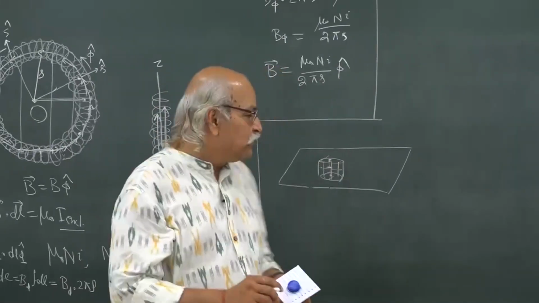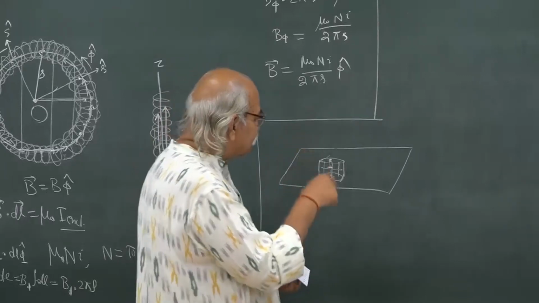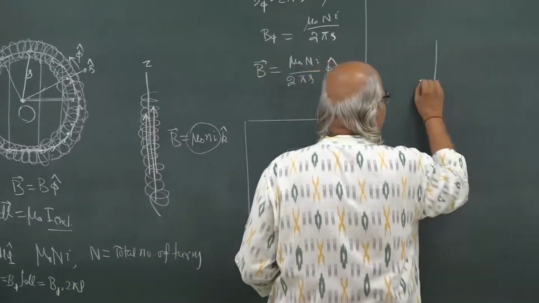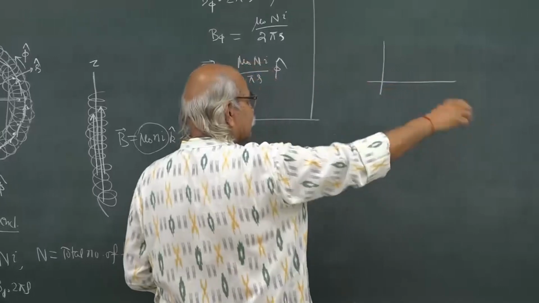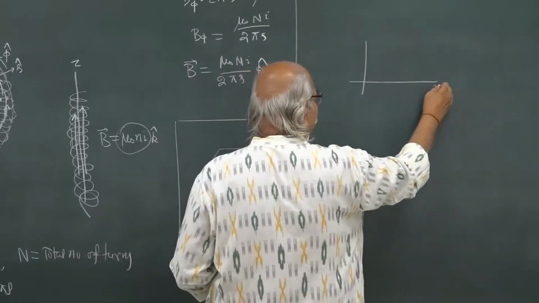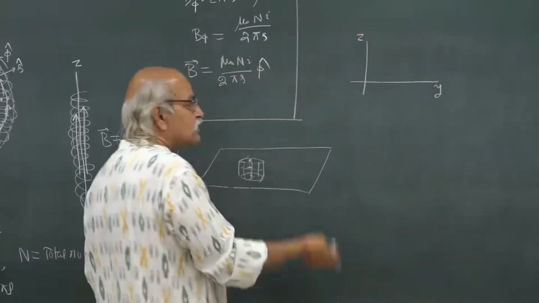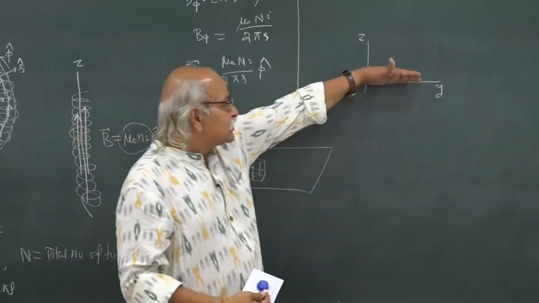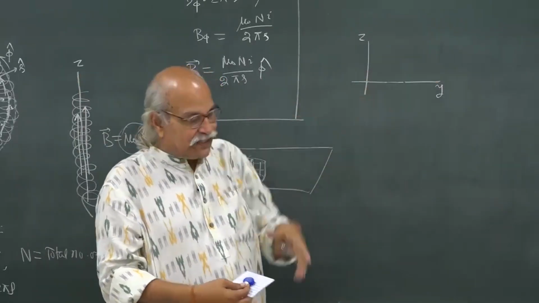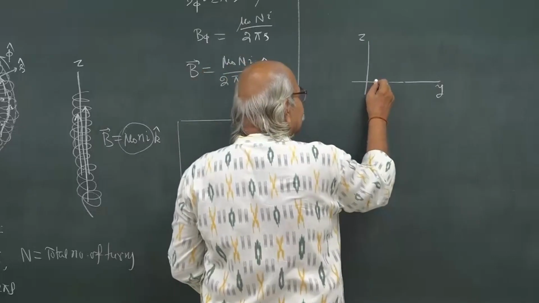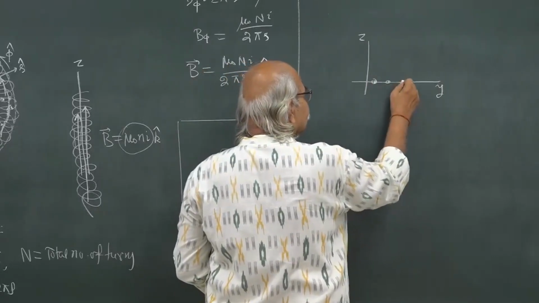Okay. If you look at the YZ plane, if I say that my plane is here, what I am showing on the board is just this Y, and this is Z perpendicular to the plane. The plane is like this and the current is coming like this. I denote the current by these dots.